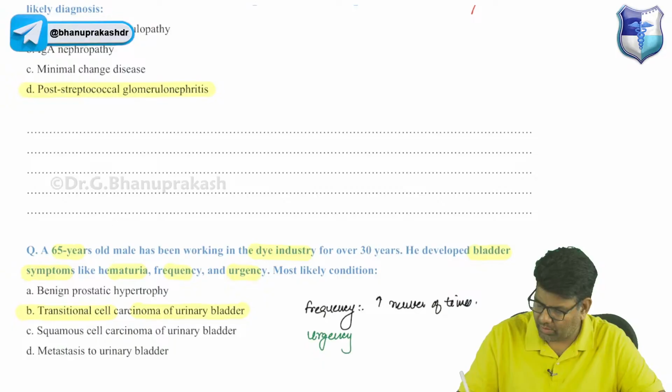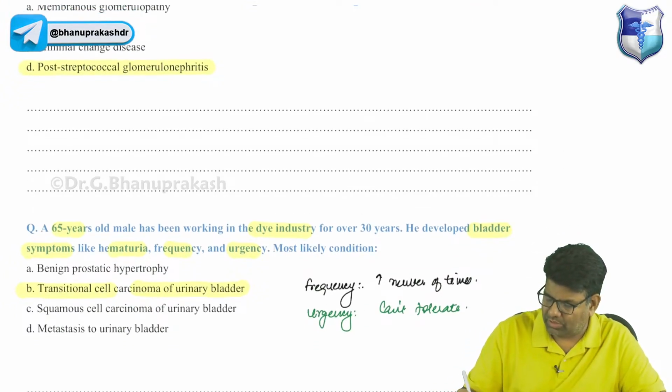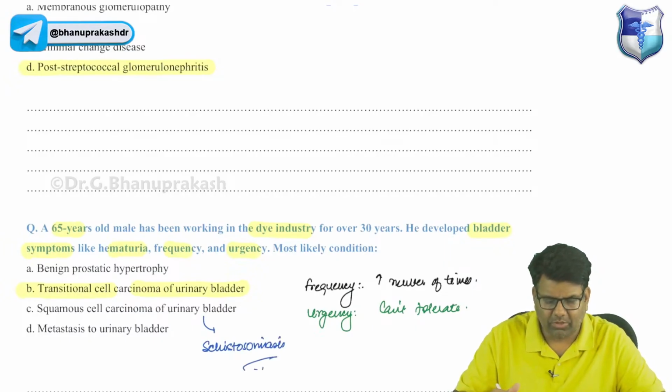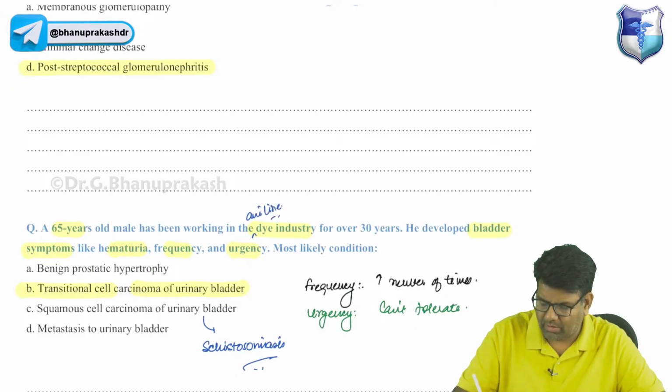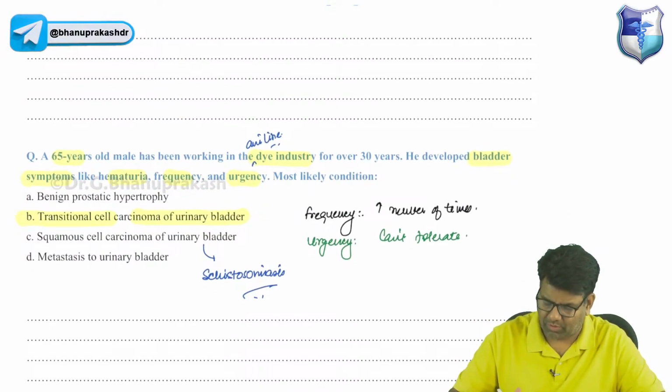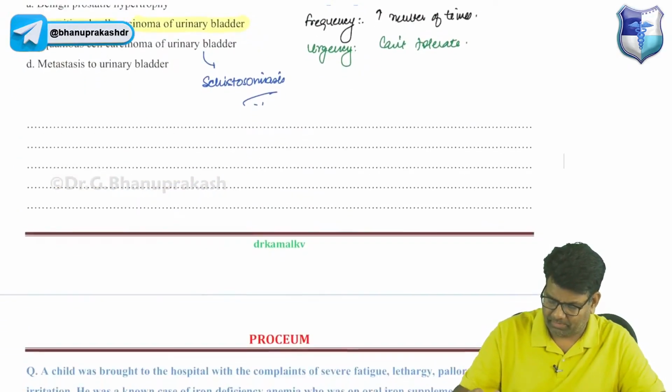Urgency. He can't tolerate it. He will rush for urination. These are the two terms. Then again, if you find the term squamous, your condition has to be schistosomiasis, cystitis. Just make sure of aniline dye. This is classical description, transitional carcinoma. Patient is working in the dye industry.